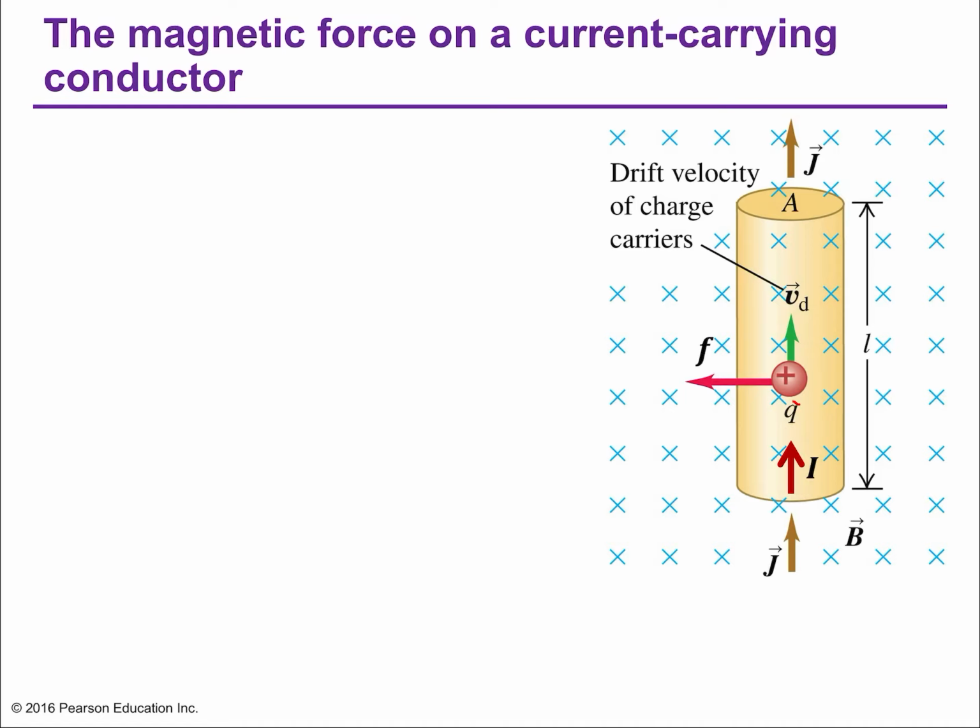Each carrier has a charge Q and has an average velocity known as the drift velocity. So you have to remember chapter 25 about drift velocity. Use your right hand rule, look at the direction of the magnetic field B, which is perpendicular to the page going into the page. Use your right hand rule and you will see that the magnetic force is pointing to the left, magnetic force acting on that charge carrier, on that particle.